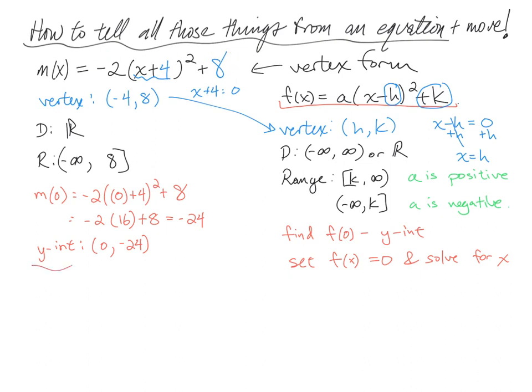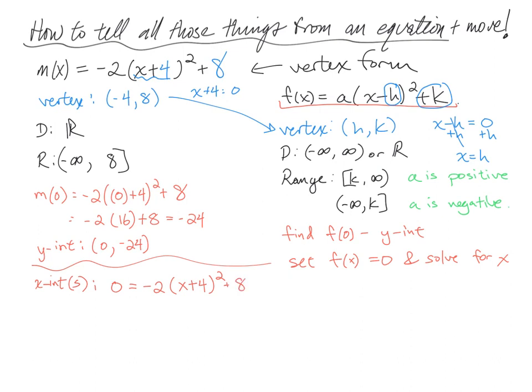So here we go. The x-intercept, or intercepts, right? We could have more than one. In fact, we can have up to 2 of them. The x-intercepts, we would have to write 0 equals -2 times (x plus 4) squared plus 8.